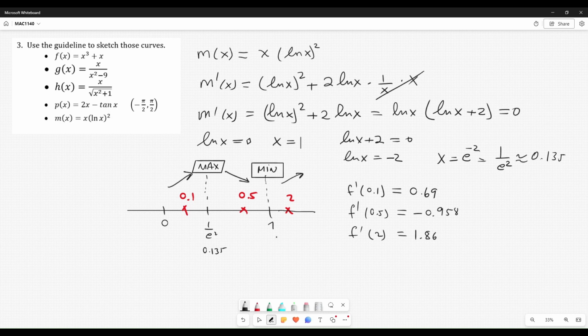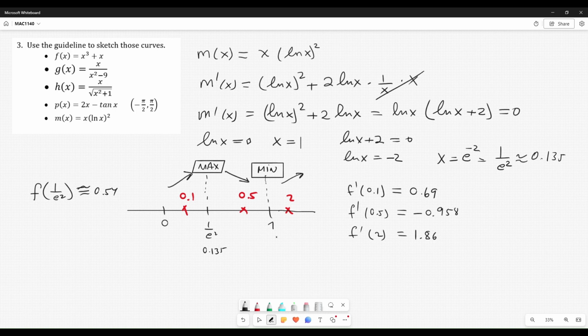This maximum and this minimum, you evaluate in the original function f. Evaluate at 1 over e squared. The answer is approximately 0.54. That one is the maximum.